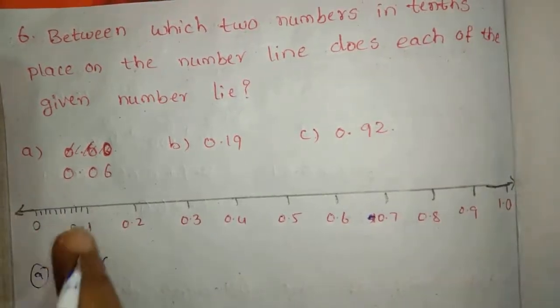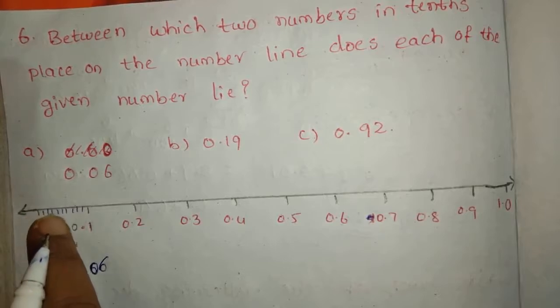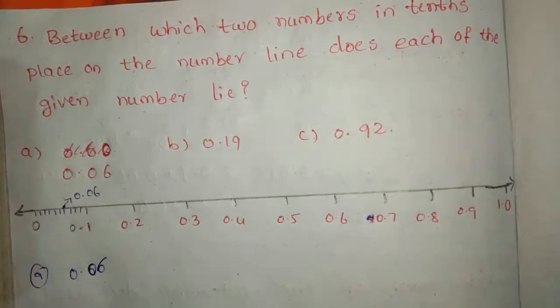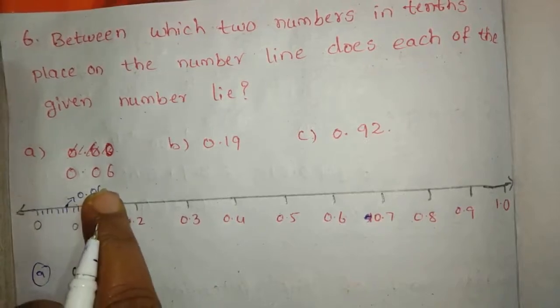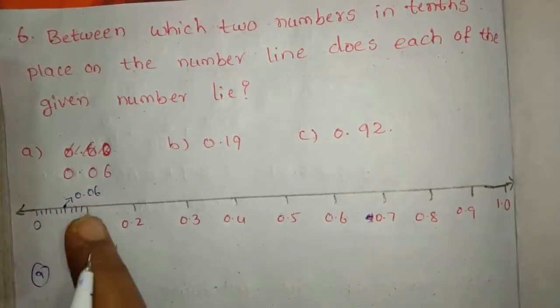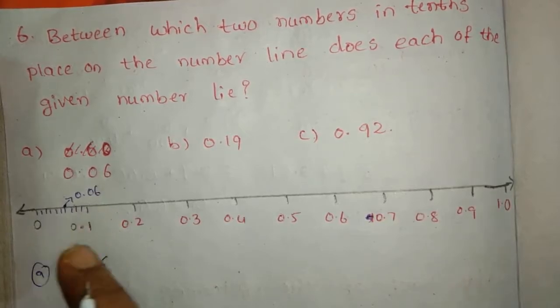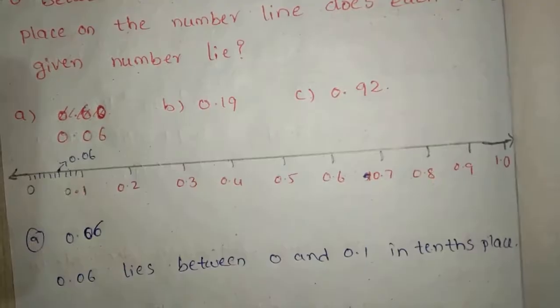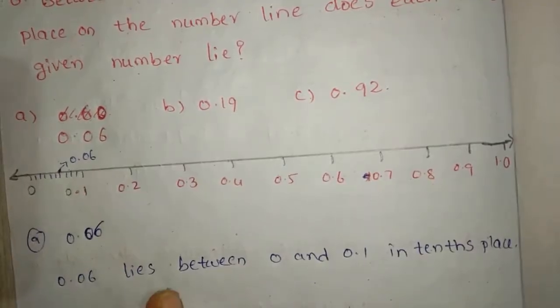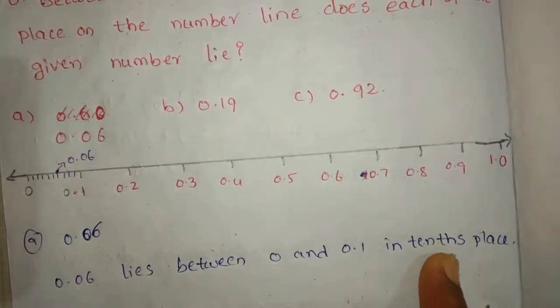Now in this, 0.06 is 1, 2, 3, 4, 5, 6. So this is represented as 0.06. Therefore 0.06 lies between 0 and 0.1 in the tenths place.